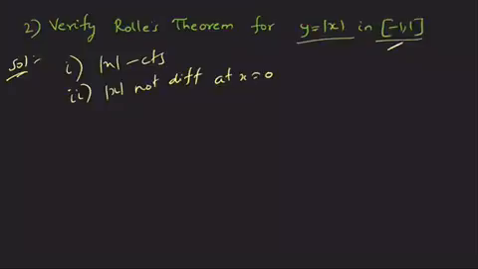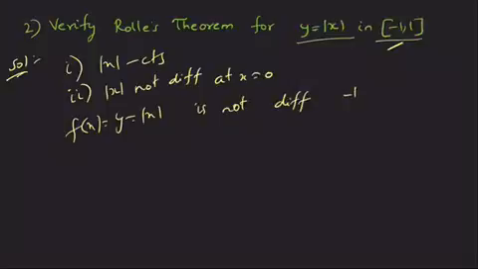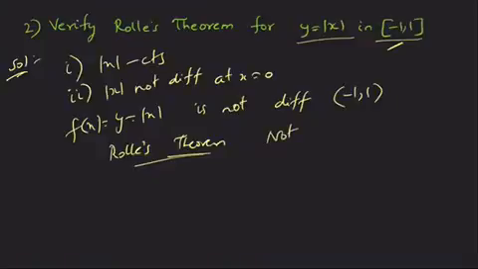So my function f of x equals mod x is not differentiable in the given open interval minus 1 to 1. Hence, I can say that Rolle's theorem is not applicable for this function.